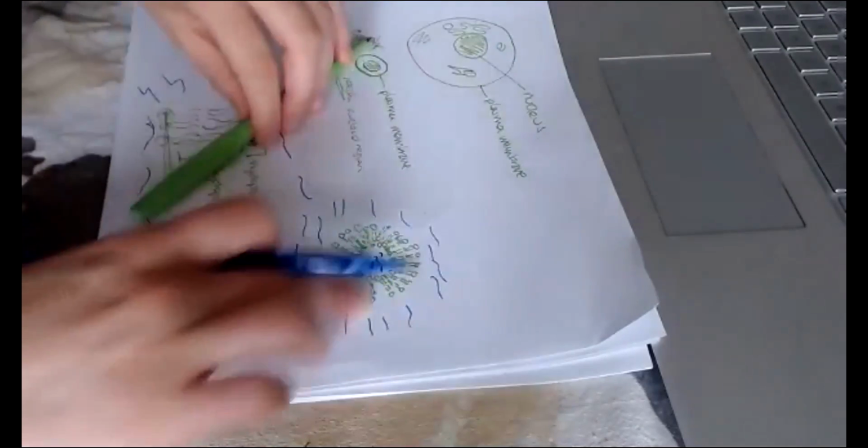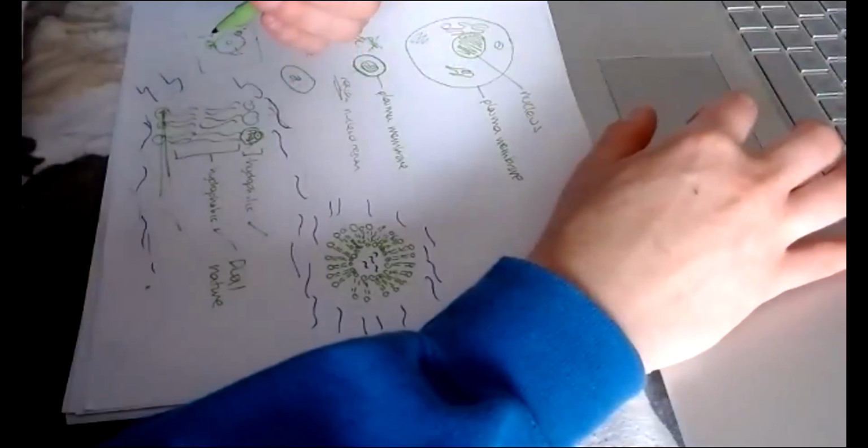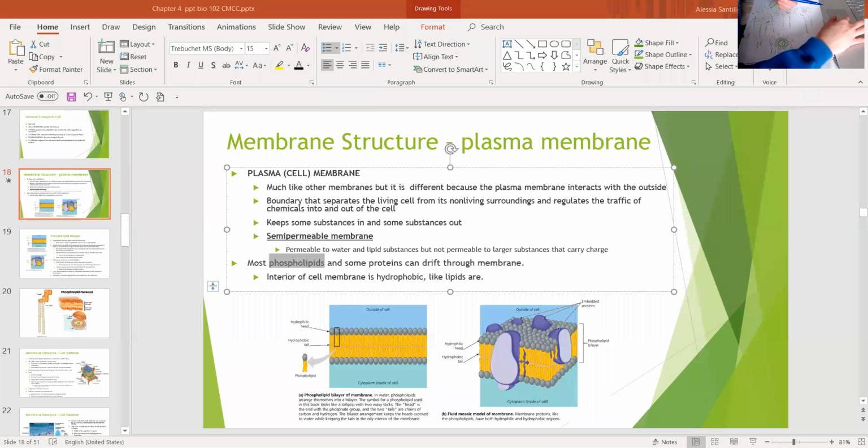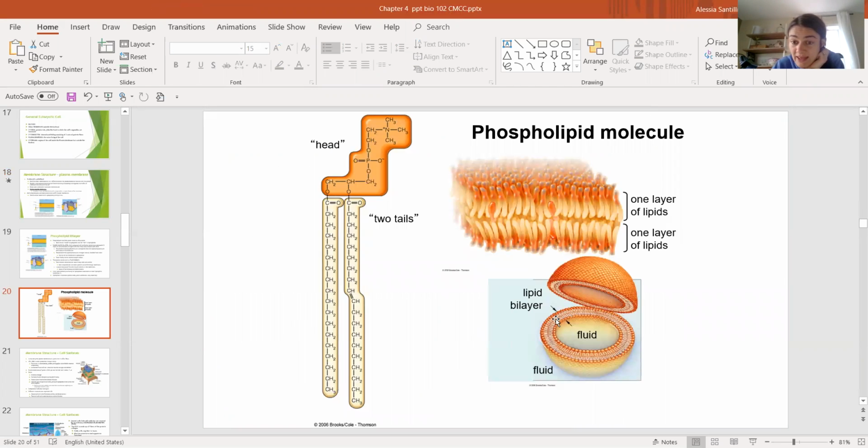And so because of this arrangement, I'm going to go back to sharing the screen because it's done in a better way. Because of this arrangement, you can see here phosphate heads are touching the water, and the fatty acids are ensconced and hidden within the actual inside, right? So they're basically not touching the water. Because of this, they can end up forming what we call the membrane.